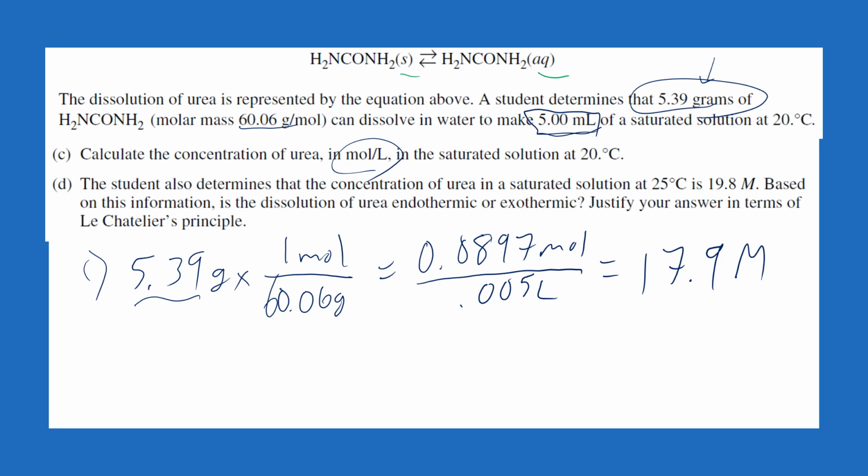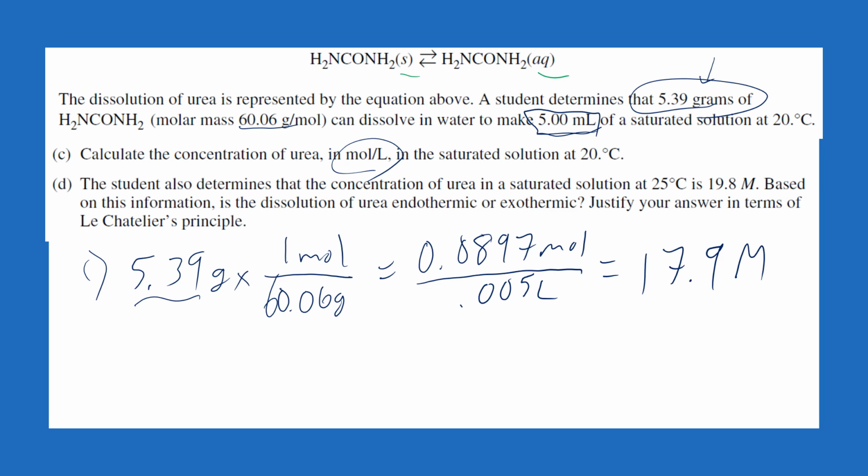Really high molarity, actually. That's because it's very soluble. It can dissolve a lot. So this one was actually 2 points on the 2019 test, which was nice. Usually if you have to do more than one step, like more than one significant step, then it will be more than 1 point, but not always.